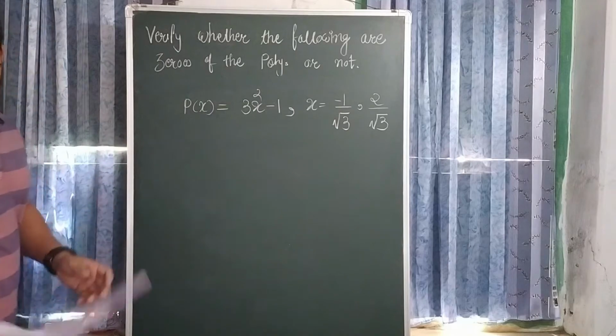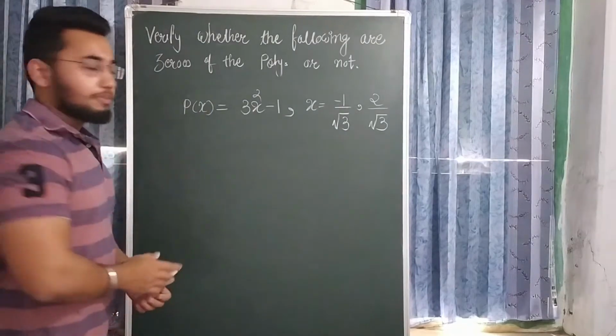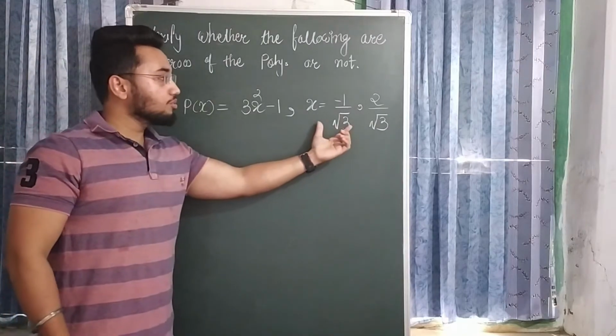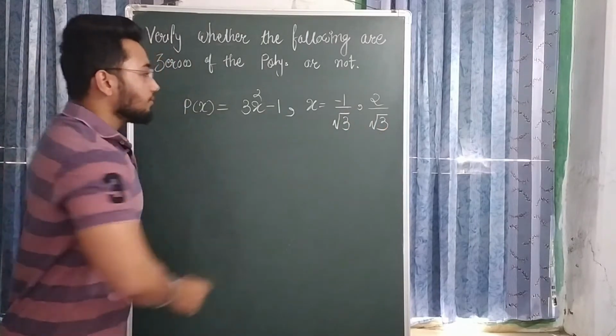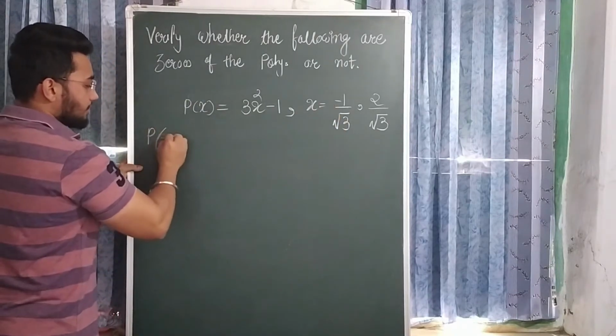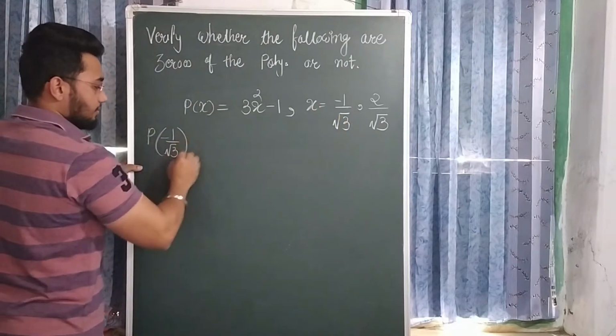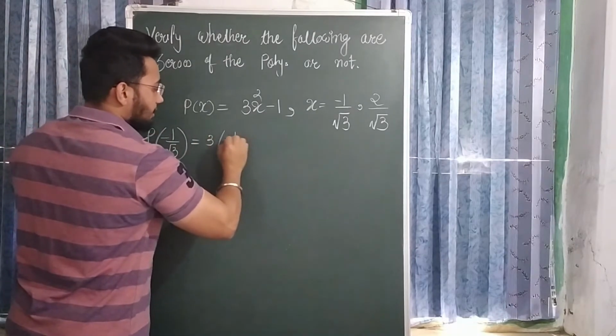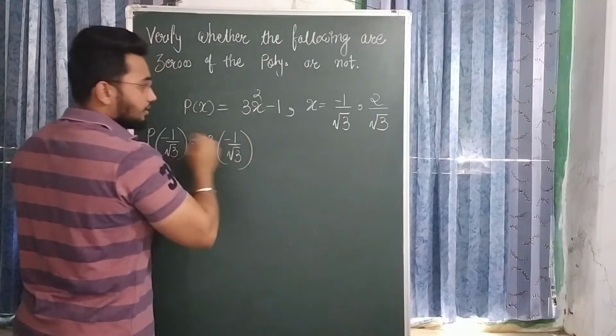Okay, one more example. Whenever you see any root number, you just panic. So we have to put these two values. First of all, we have to put minus 1 upon root 3. P of minus 1 upon root 3. Whenever we see any x, we have to put minus 1 upon root 3 in place of x.